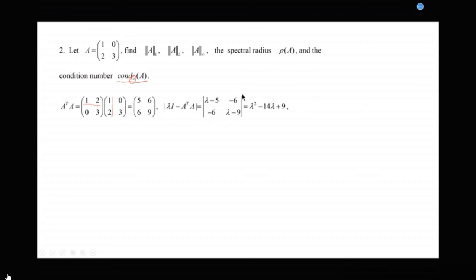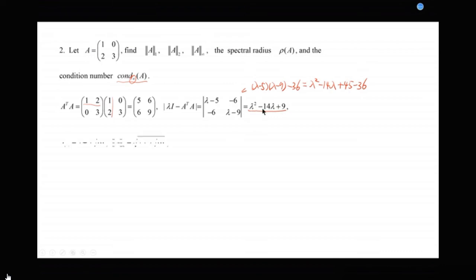You need to compute its determinant, which is lambda minus 5 multiply lambda minus 9 minus 6 multiply minus 6. So it is 36, right? Then we can obtain lambda square minus 14 lambda plus 5 multiply 9, 45, and minus 36. So you will obtain this polynomial.